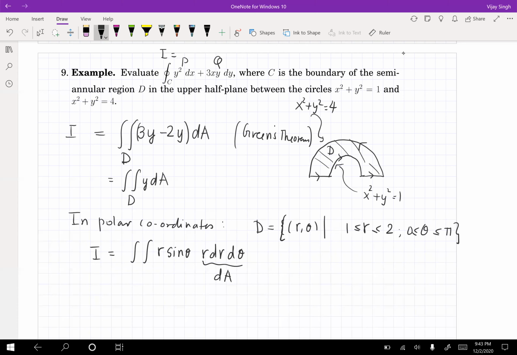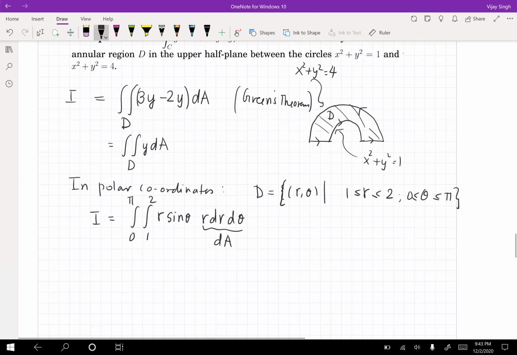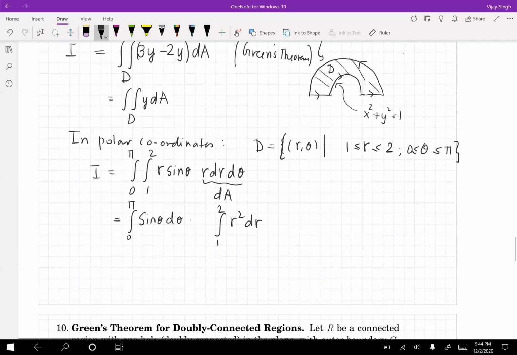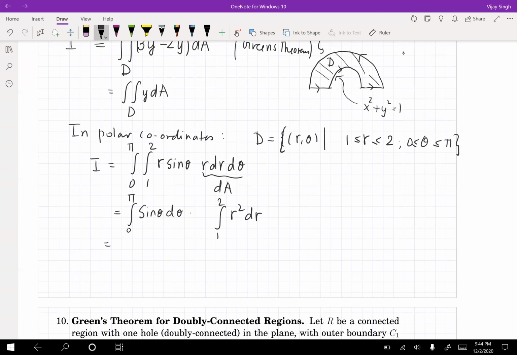Now let's go r first. If you go r first, you have r from 1 to 2. You go theta from 0 to pi. We can really separate these integrals now. So this is going to be the integral from 0 to pi of sine theta d theta, times the integral from 1 to 2 of r squared dr. So the first integral is going to be minus cosine theta from 0 to pi, and the second is r cubed by 3, from 1 to 2.